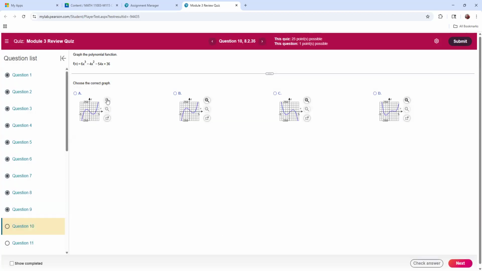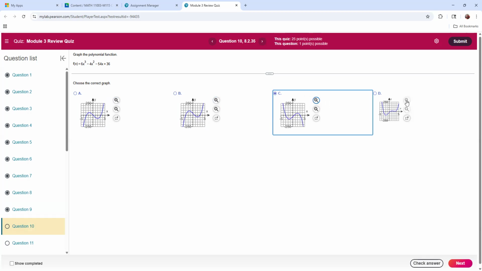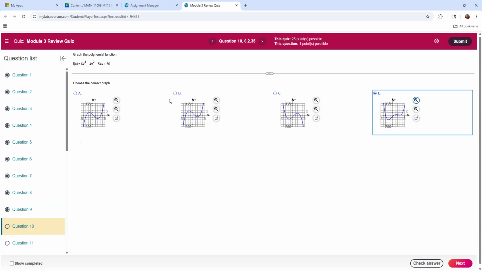All right, y'all, so I'm going to do the same thing here. So these ones are going from -5 to 5 on the x's and -250 to 250 on the y values. And it's f of x equals 6x cubed minus 4x squared minus 54x plus 36.